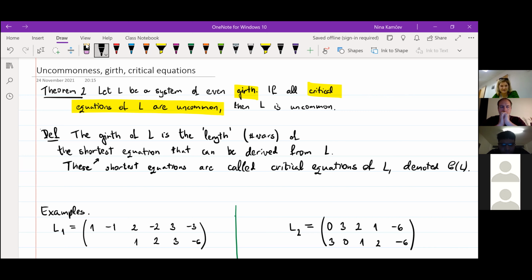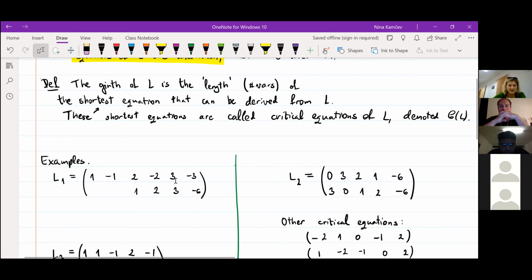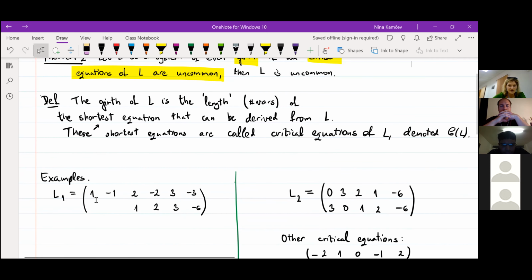So let's look at some examples. Here's a system L1 with 2 equations and 6 variables.